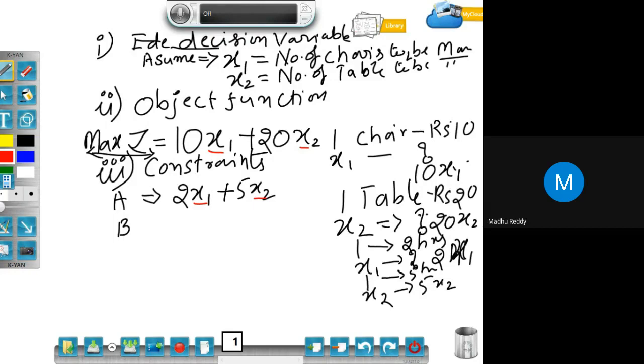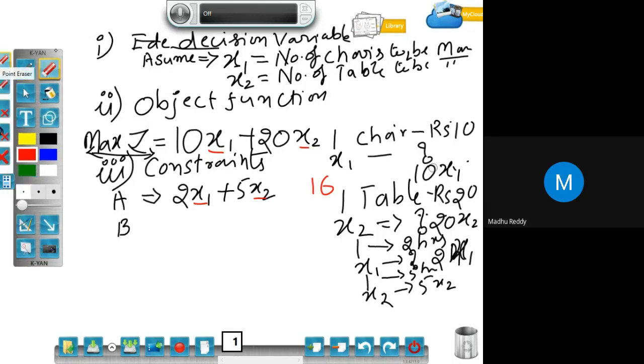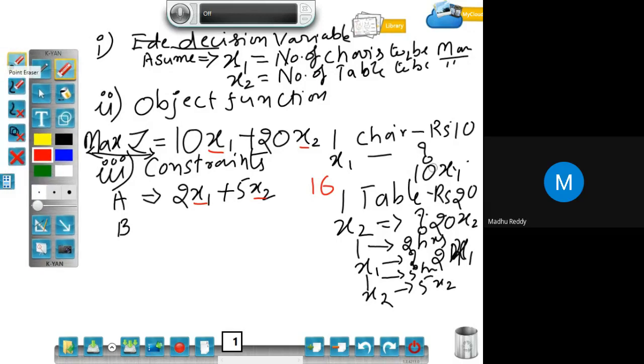We will specify it like this. He has also given one more constraint: there are 16 hours per day available on machine A. In total it can function only 16 hours.